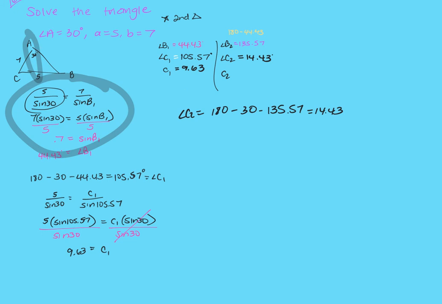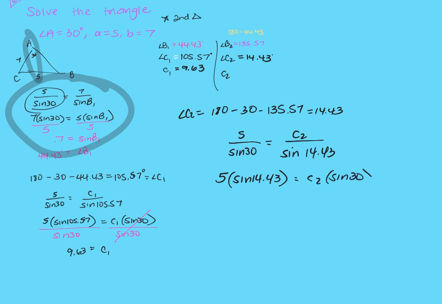So then the last thing on that second triangle is side C2. I still use my A's. So 5 over the sine of 30 equals C2 over the sine of angle C2, which is 14.43. Cross multiply, and then divide. 5 sine 14.43 divided by sine of 30.